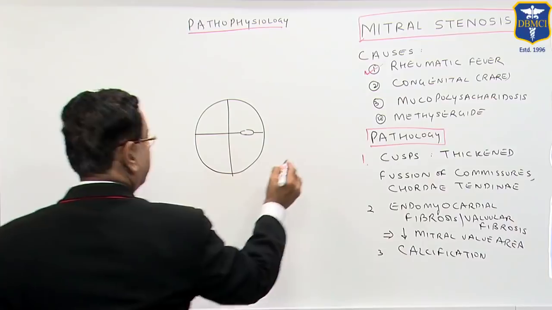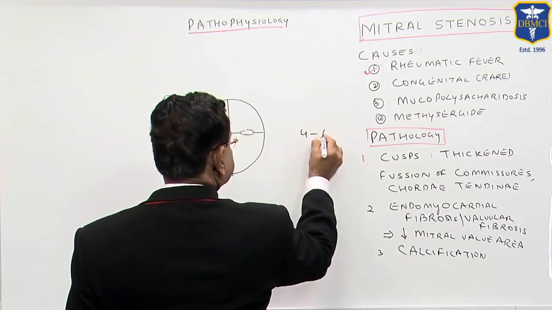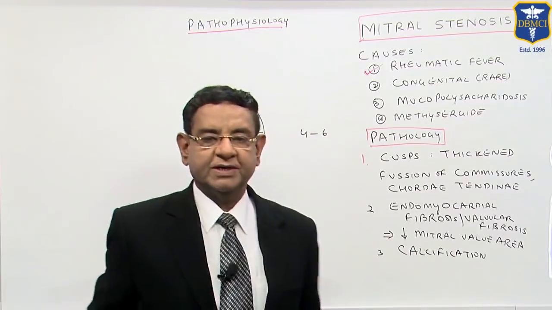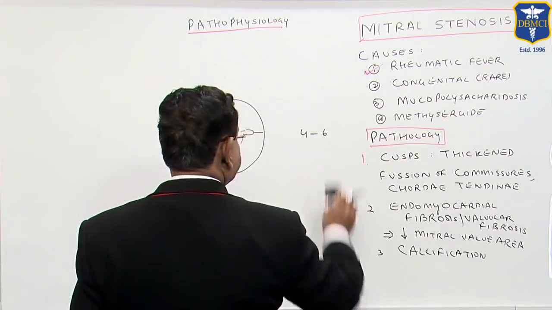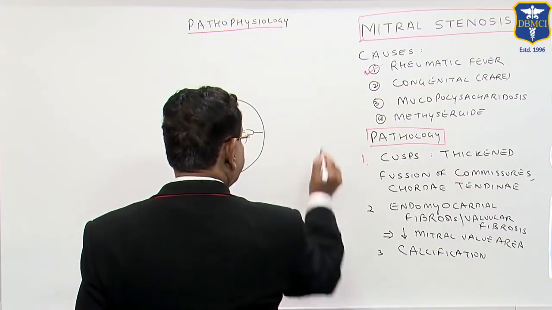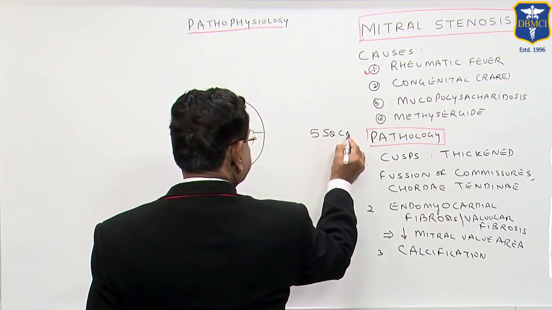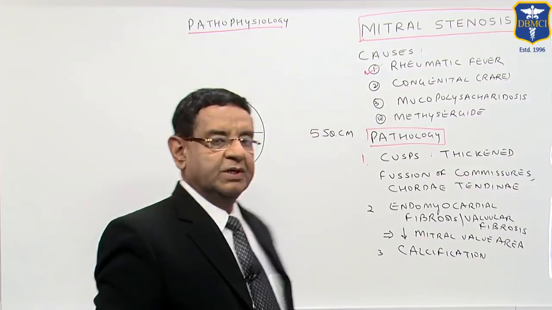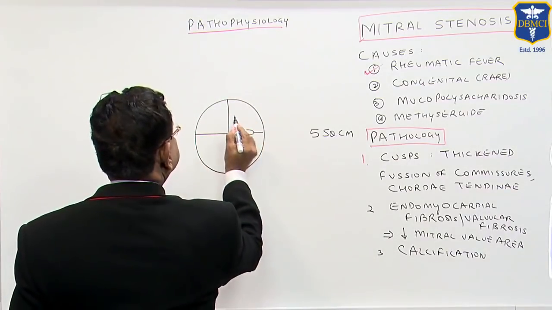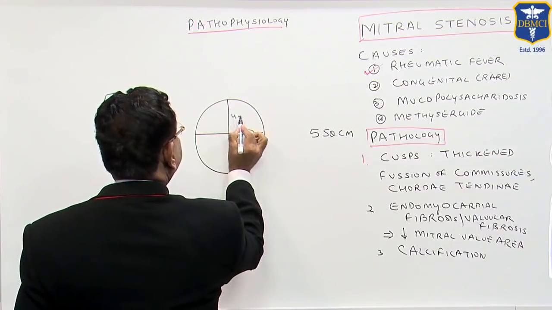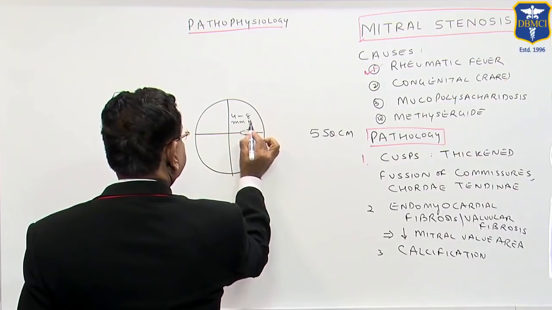And the normal mitral valve area is about 4 to 6 square centimeter, but for easy calculation I am taking 5 square centimeter, and the normal LA pressure is about 4 to 8 millimeter of mercury.